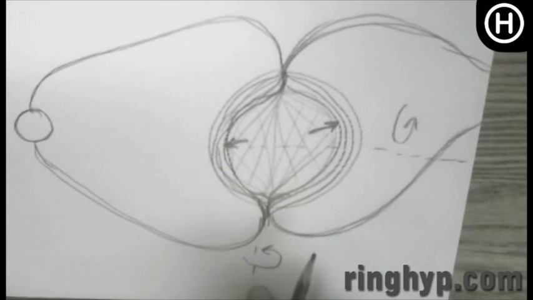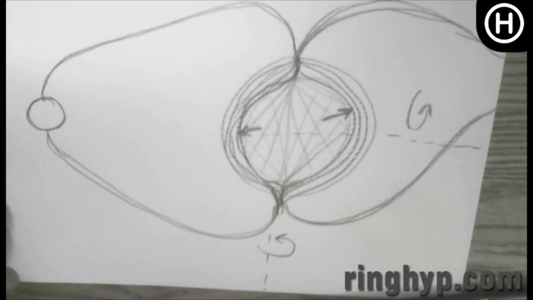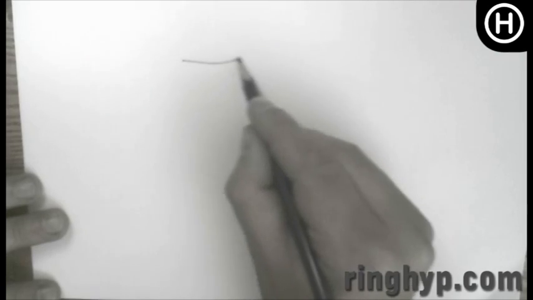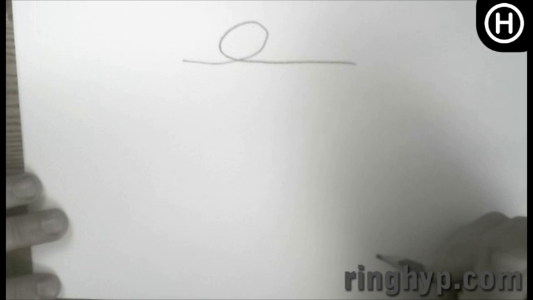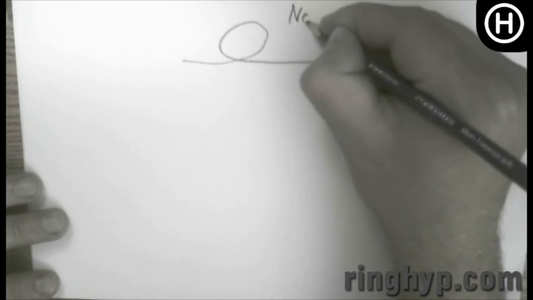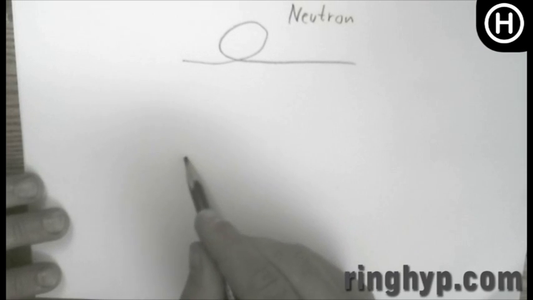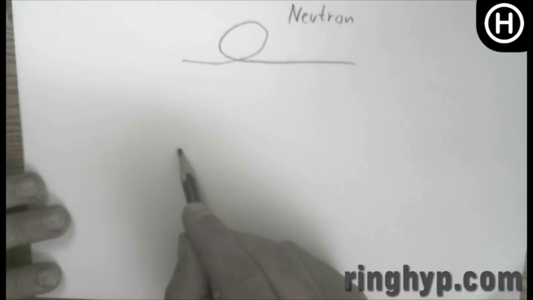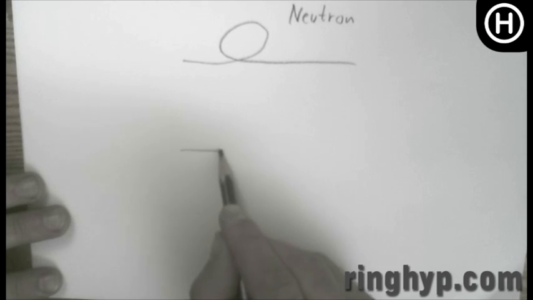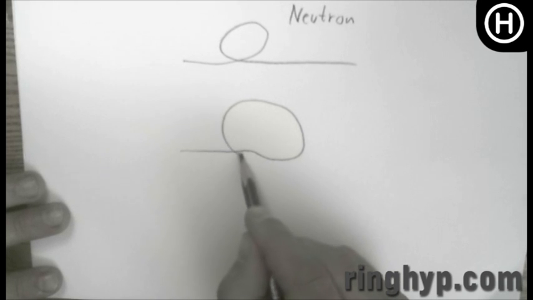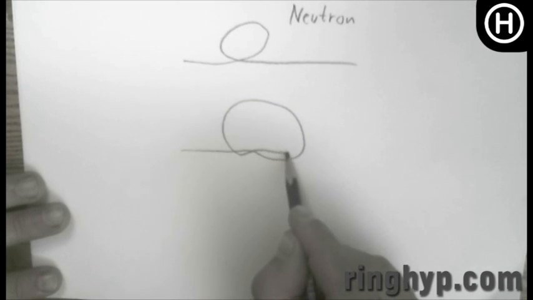Okay, let's look closer at these loops. So the simplest loop we can make is this one. It's basically what we call a neutron. If you want something that is more sustainable, that can stay in a shape, we need something that has a certain tension.